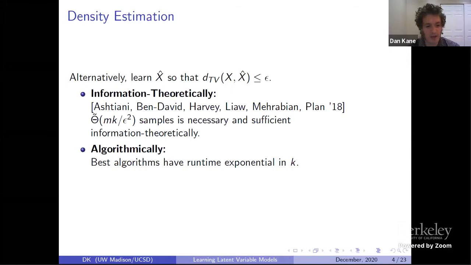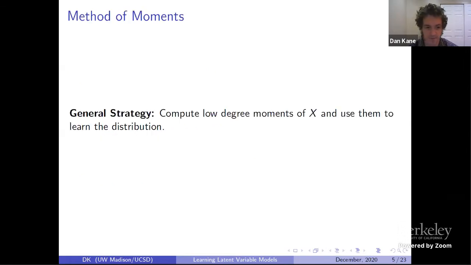It's now known that approximately mk over epsilon squared samples are both necessary and sufficient in this model to learn things information theoretically. However, algorithmically, all of the best algorithms for this problem have runtime that's still exponential in k. And so the big question that we're going to be trying to ask is, is it possible to close this gap? There's an exponential gap between the upper bounds and the lower bounds here. What can we do to improve this?